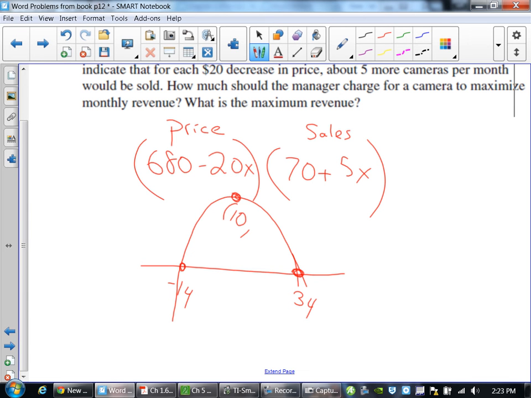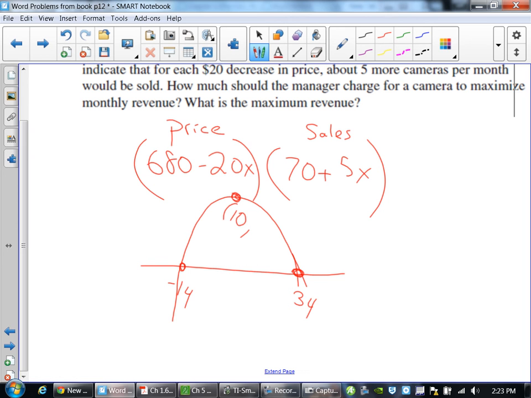The axis of symmetry is the midpoint. I add them together. What's 34 plus negative 14? 20. What's half of that? 10. 10 is 24 away from 34. 10 is 24 away from negative 14.